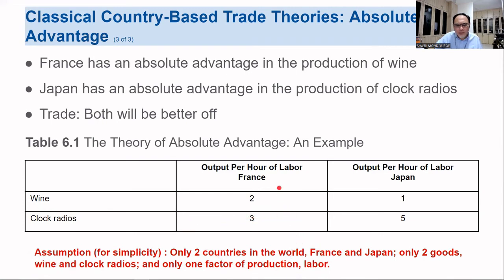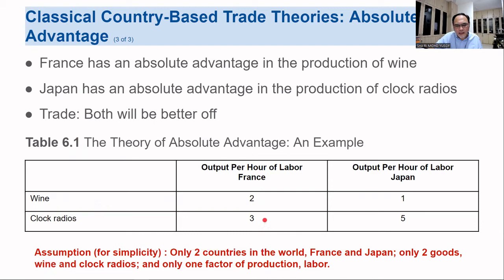Output per hour of labor in France is 2 units of wine, whereas in Japan it is only 1. So in terms of productivity, France is much more productive than Japan in producing wine.